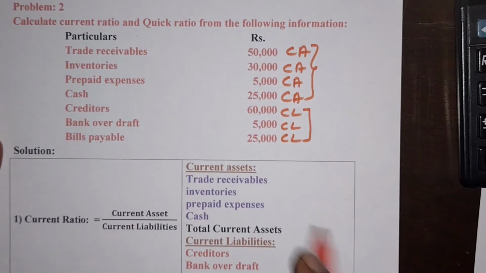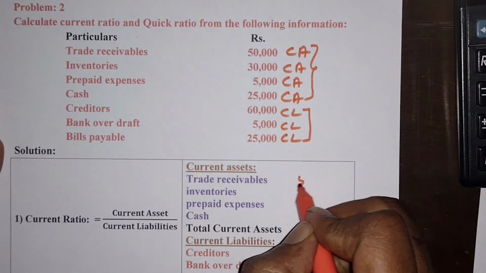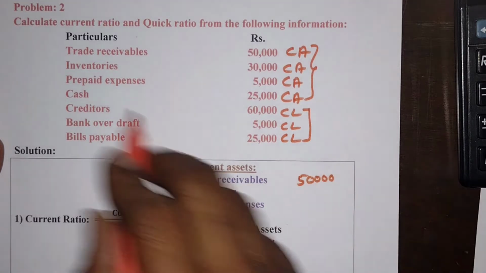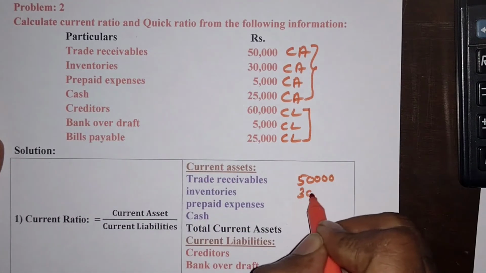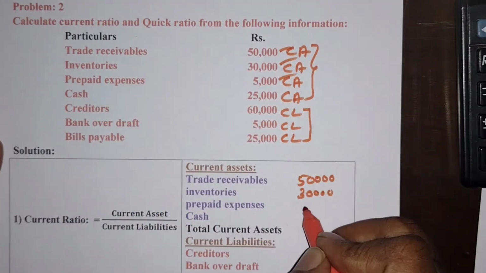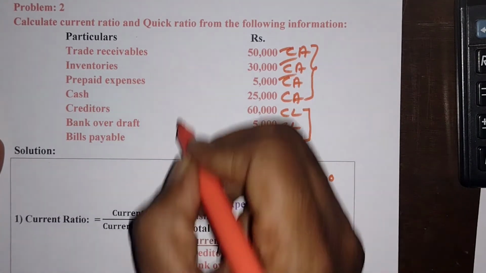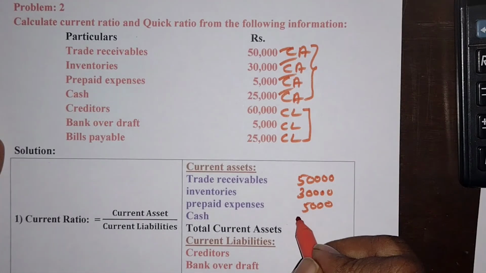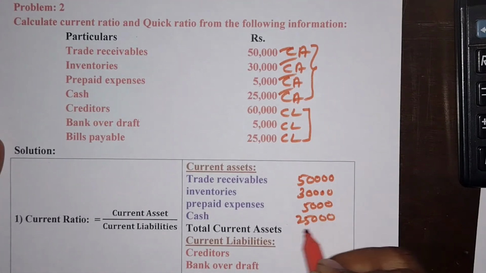Total up all that. Trade receivables 50,000, inventories 30,000, prepaid expenses 5,000, cash 25,000.